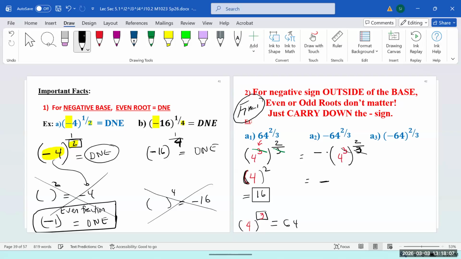So what is left? Negative times 4. And what is our answer? Negative 16. So it looks the same as the first one, but just because we have a negative in the front, our answer is not positive anymore. It's the negative of the 16.